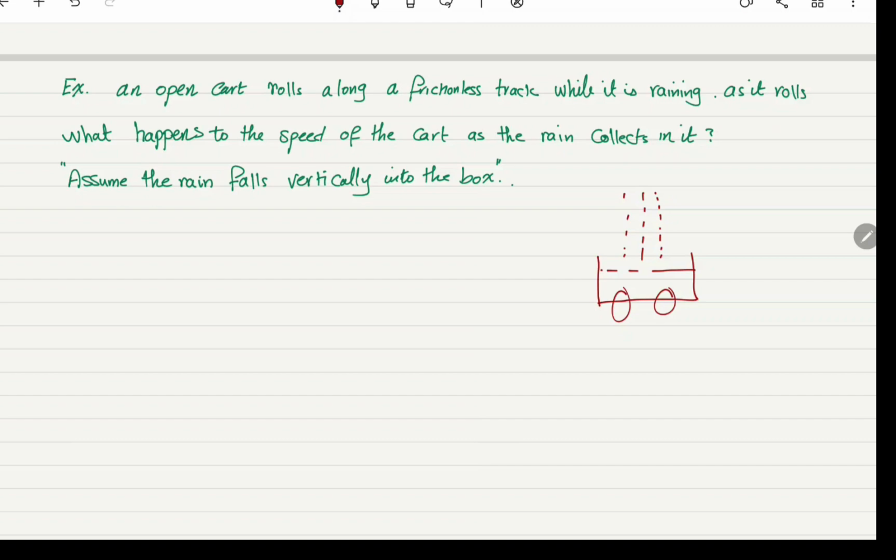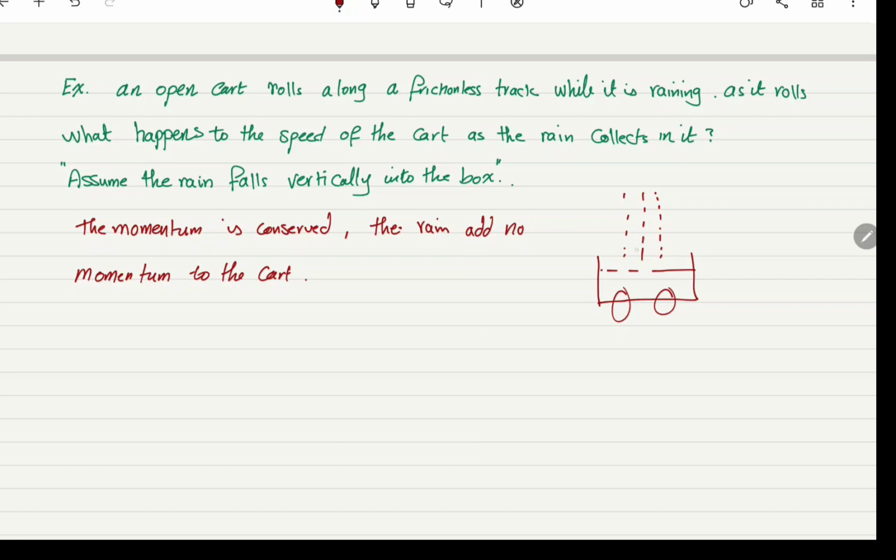Since the rain falls vertically, the momentum here is conserved, which means the rain adds no momentum to the cart because it falls vertically.